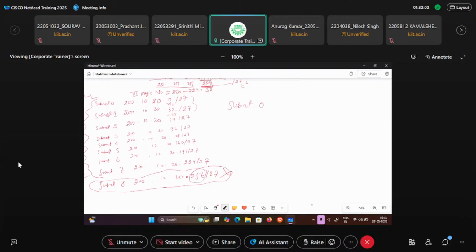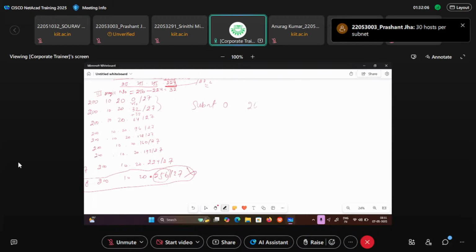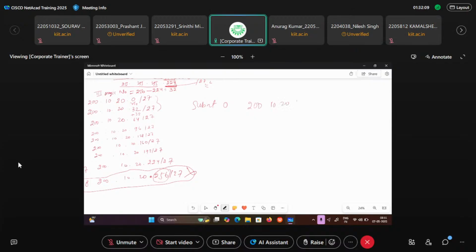Subnet 0 ID was 200.10.20.0/27, okay? And my subnet 1 is 200.10.20.32/27, right? So there were 2 subnetted networks, 2 network IPs. This subnet 0 and subnet 1 are different networks. Because when you do subnetting, all the logical divisions of the network, the subnetted networks that are created, are all treated as different networks. They are not of the same network, both of them became different networks, okay?